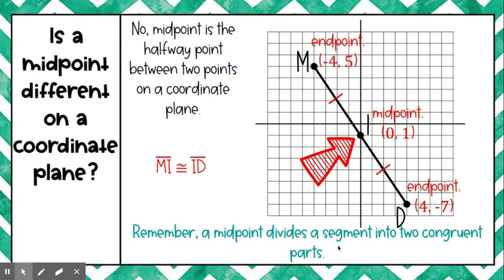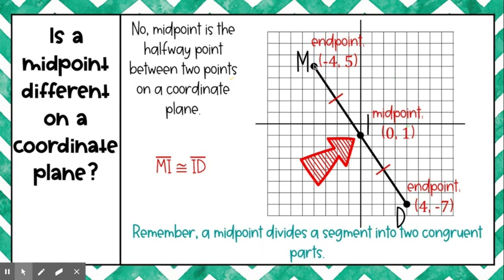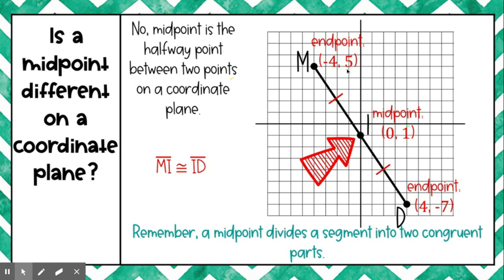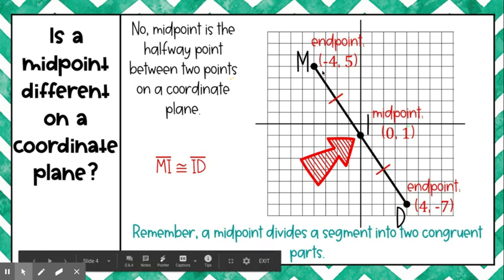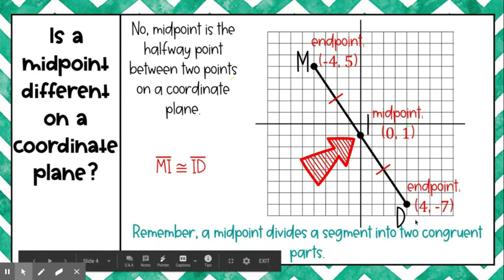It says, is a midpoint different on a coordinate plane? No. The midpoint is the halfway point between 2 points on a coordinate plane. So even if we take our line segment and put it on a coordinate plane like we did here, we have line segment MD, and it just gives us coordinates. For M, it's -4, 5, and for D, it's 4, -7.